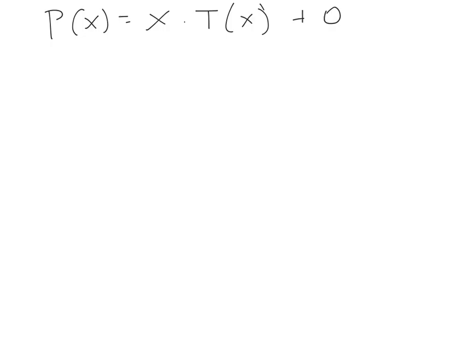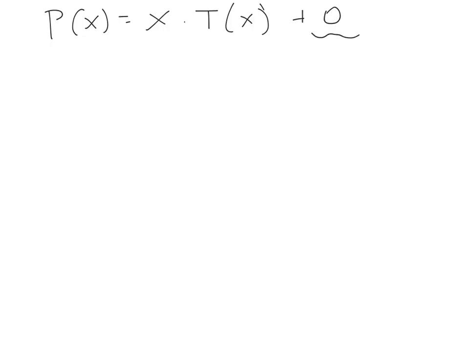Okay, let's find that out. P of x equals x times, let's call it t of x, because we used q of x in the previous division, so let me say the quotient is now t of x, plus 0, because the remainder is 0.